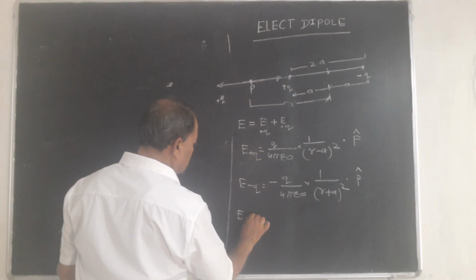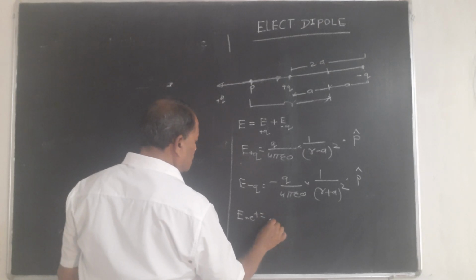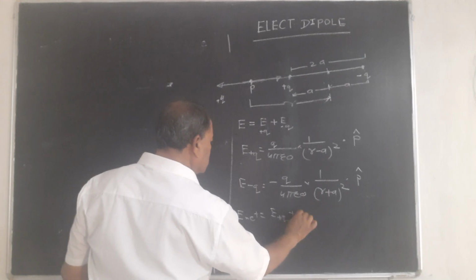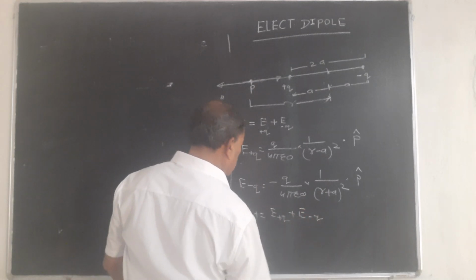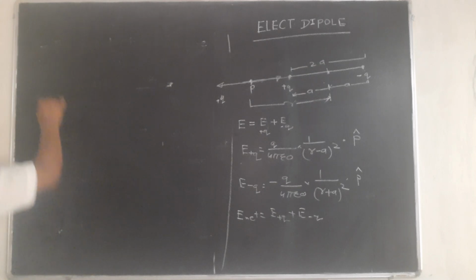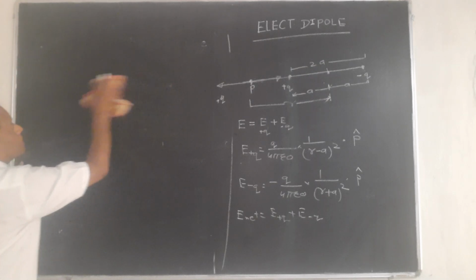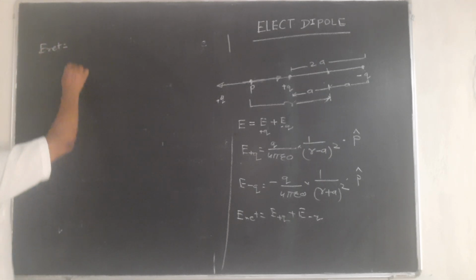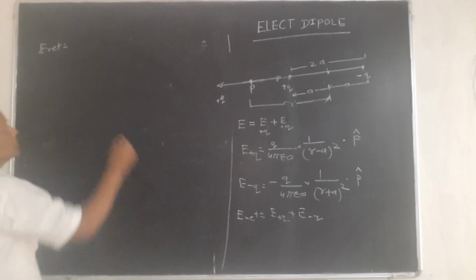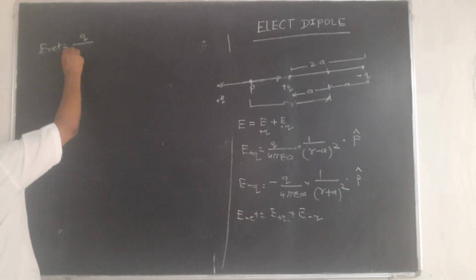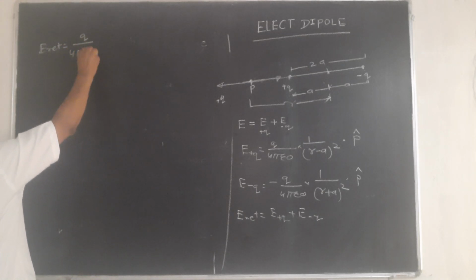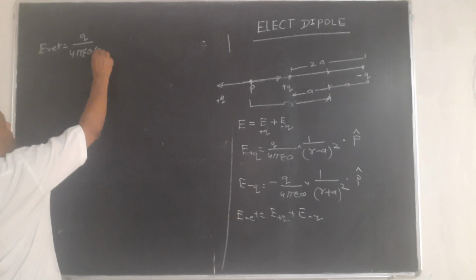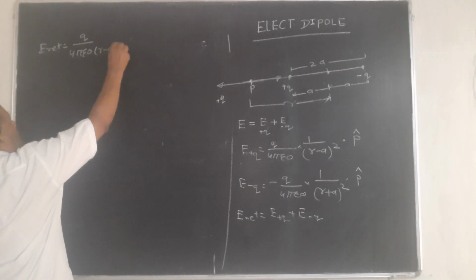E net is equal to E due to plus Q plus E due to minus Q. We write here E net is equal to Q upon 4 pi epsilon naught (r minus a) square.